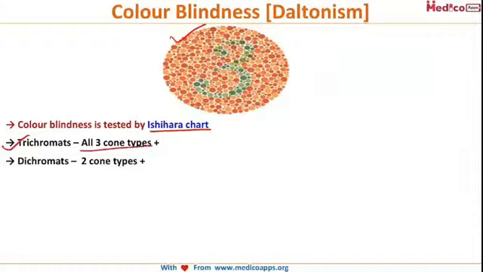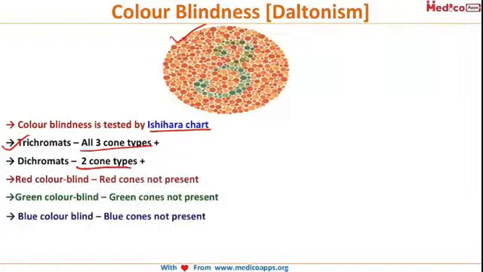Then dichromats, where only 2 types of cones are functional. Now, in red color blind people, it's obvious that the red cones are absent. So, in green and blue color blindness, the green and blue cones are absent respectively. In whatever color blindness, that colored cones are absent. Please remember this. And now, monochromats means there is only one type of cones.